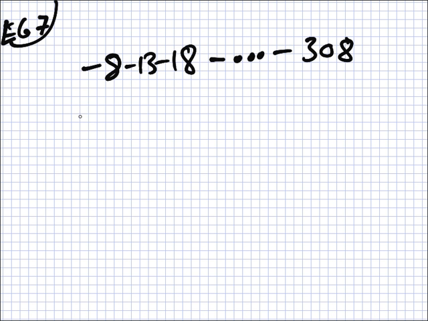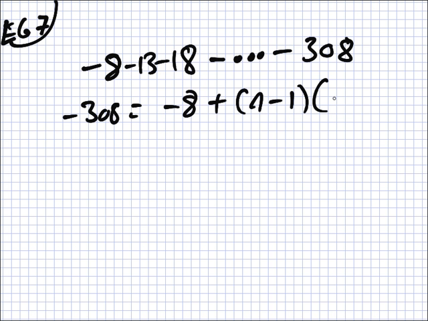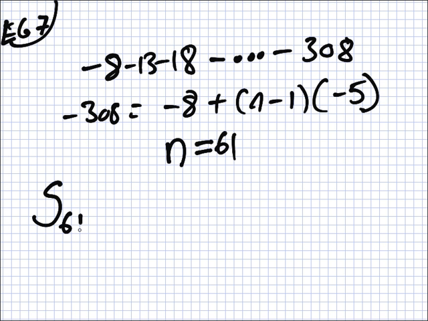So, you got the n by saying minus 308 equals a plus n minus 1 times d, which is minus 5. So what did you just get for n? I got 61. You got 61 as well? So we're all happy at 61? Yeah. So now let's get the sum of the 61 terms.